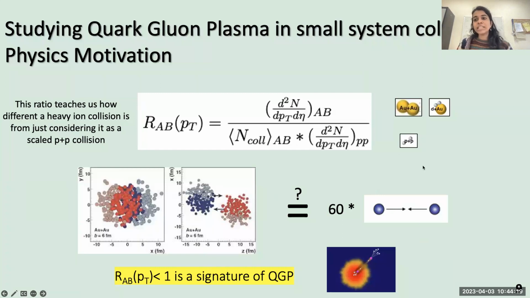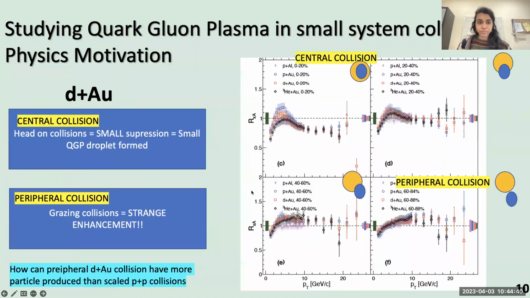Any difference in these two would then talk about how a gold-gold collision is different from just a scaled PP collision. In mediums where QGP is formed, when the RAA is less than 1, it's called a signature of the presence of QGP because the particle loses momentum in such a dense medium, and thus this ratio is suppressed and it's below 1.